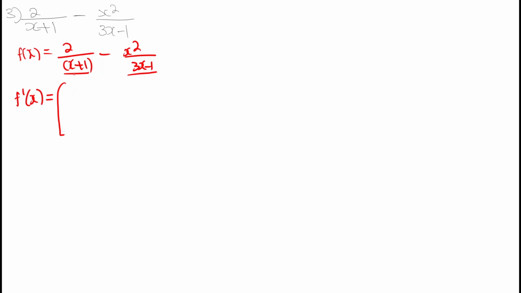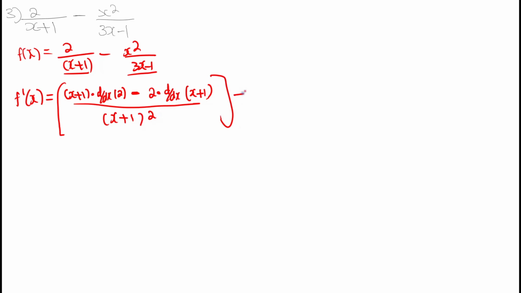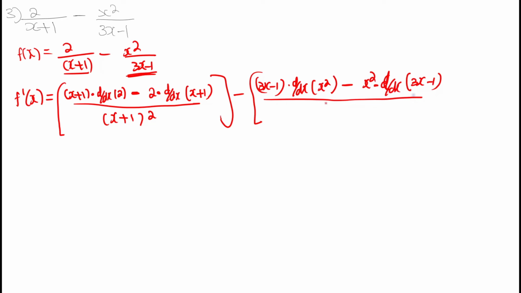For the first term, it is the denominator x plus 1 into d by dx of the numerator minus the numerator into d by dx of the denominator x plus 1, divided by x plus 1 whole square, minus, for the second term, again we need to apply the u by v rule, that is the denominator into d by dx of the numerator minus the numerator x square into d by dx of the denominator 3x minus 1, divided by the denominator square, that is 3x minus 1 whole square.